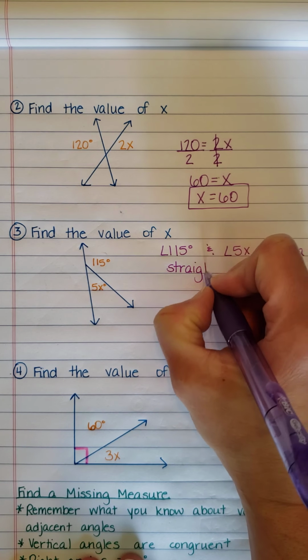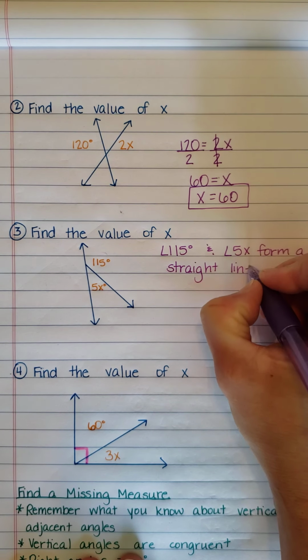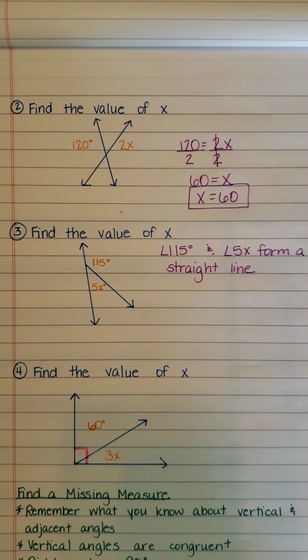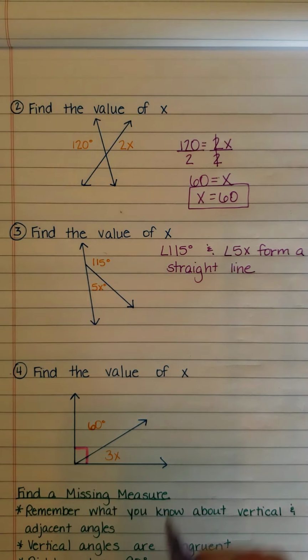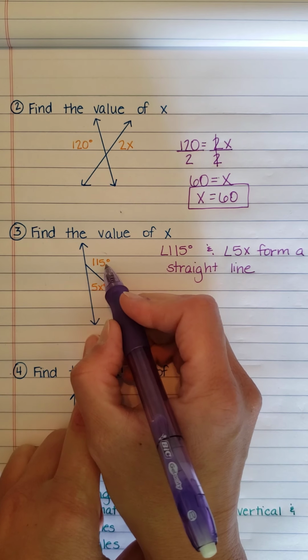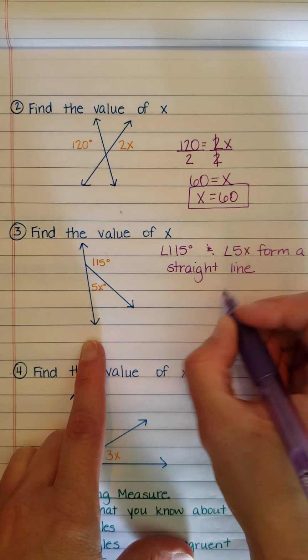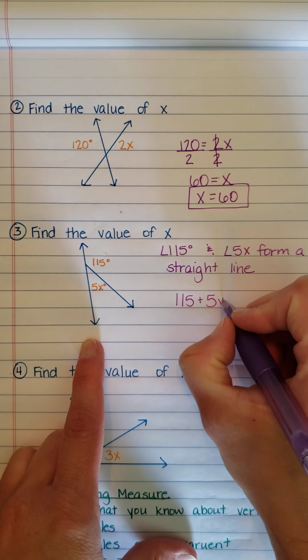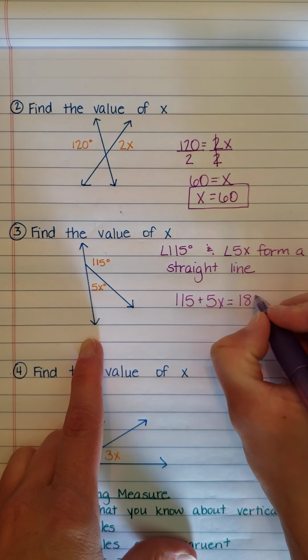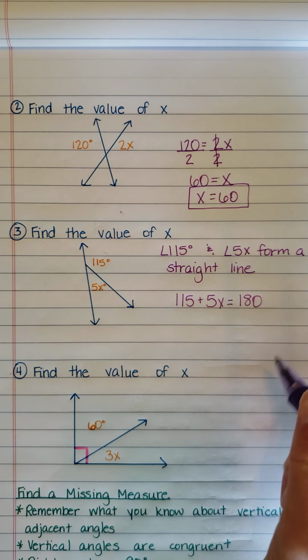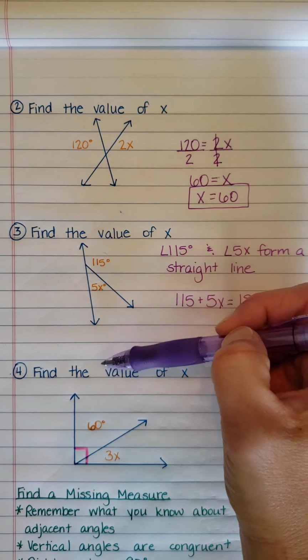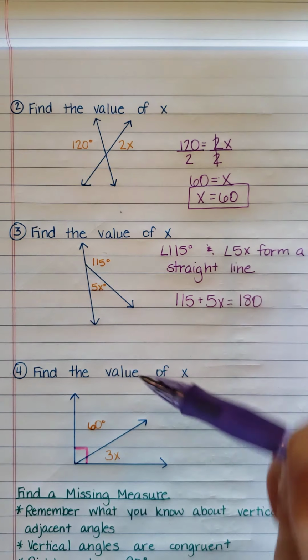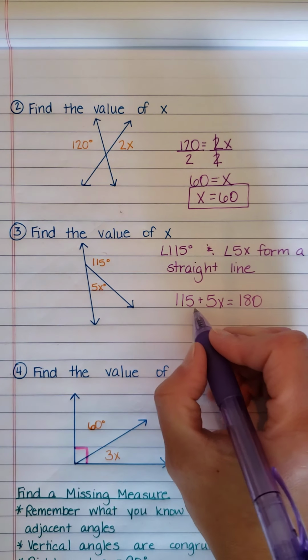So since they form a straight line, I know that the sum of those two angles has to be equal to 180 degrees. So we're going to write an equation. We're going to add 115 and 5x together. And I know that together they have to equal 180 degrees because a straight line or a straight angle is equal to 180 degrees.